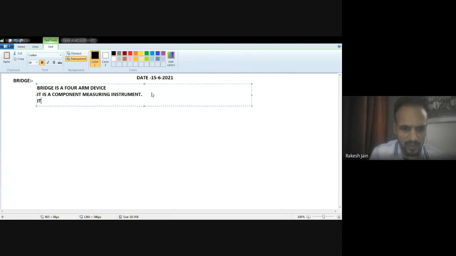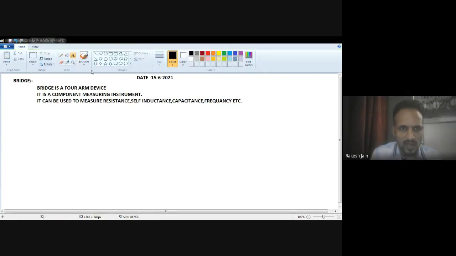It can be used to measure resistance, reactance like self-inductance of a coil, capacitance, frequency, etc. There are so many purposes to use the bridge.